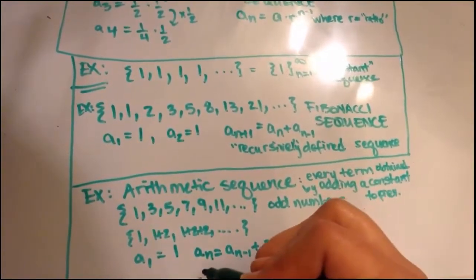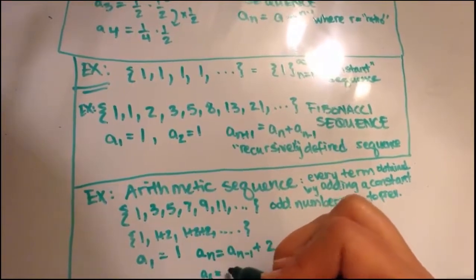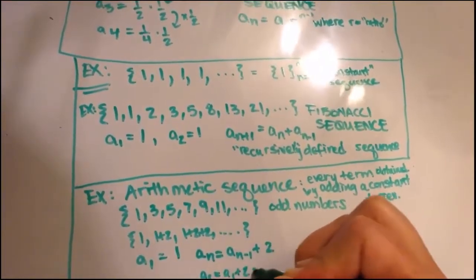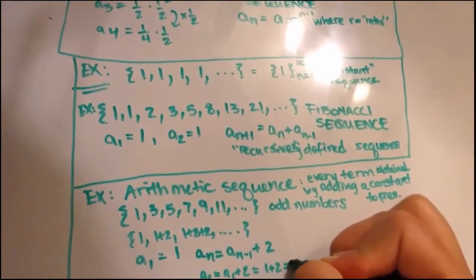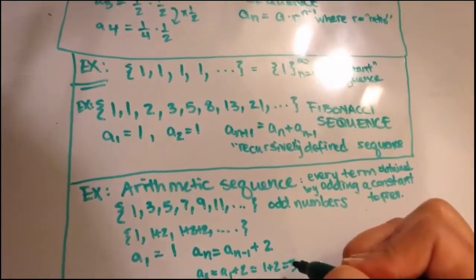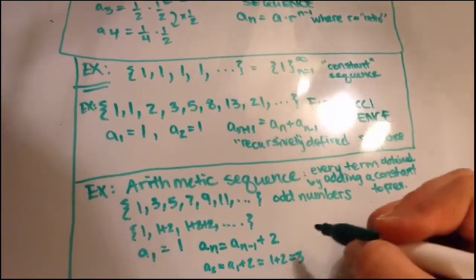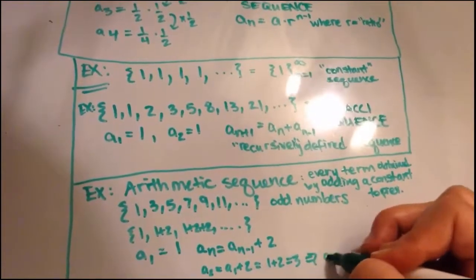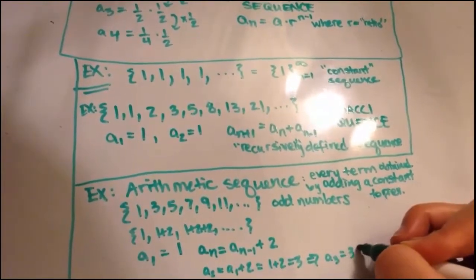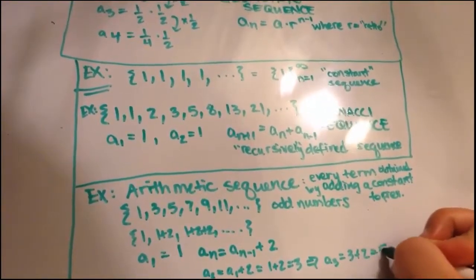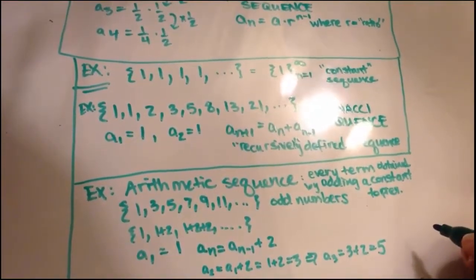So from this definition we can see that a2 would be a1 plus 2, or 1 plus 2, which is 3. And now that we know what a2 is, we can figure out what a3 is. a3 is 3 plus 2, or 5, and so on and so forth.